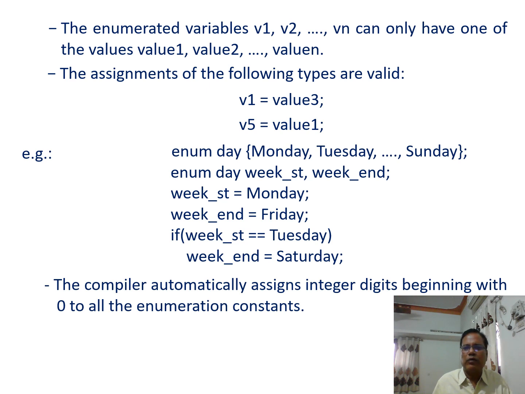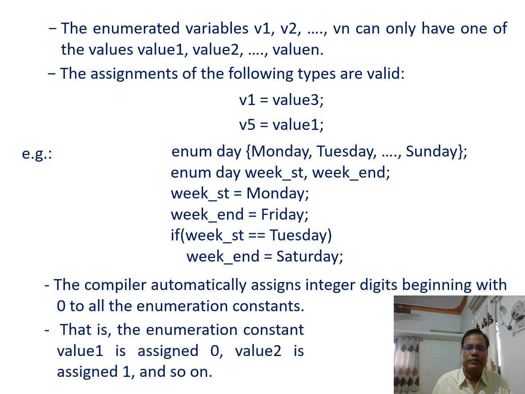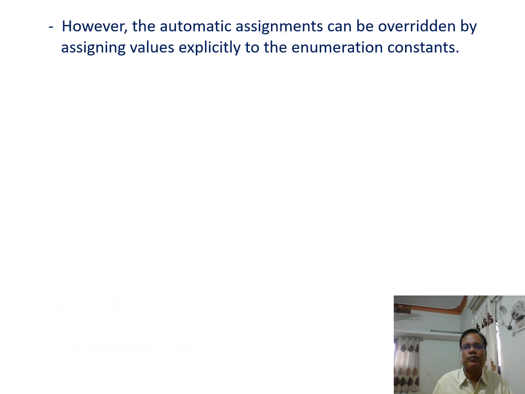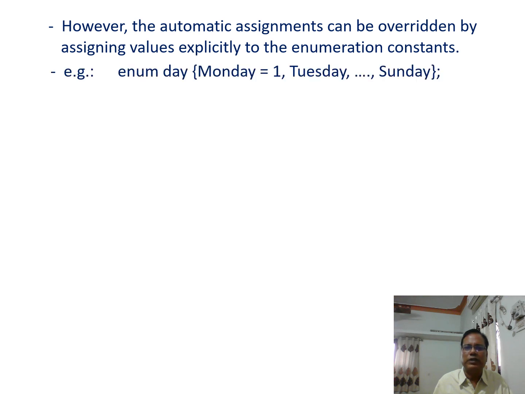The compiler automatically assigns integers beginning with 0 to all the enumeration constants. That is, enumeration constant value1 is assigned 0, value2 is assigned 1, and so on. However, the automatic assignments can be overridden by assigning values explicitly to the enumeration constants.